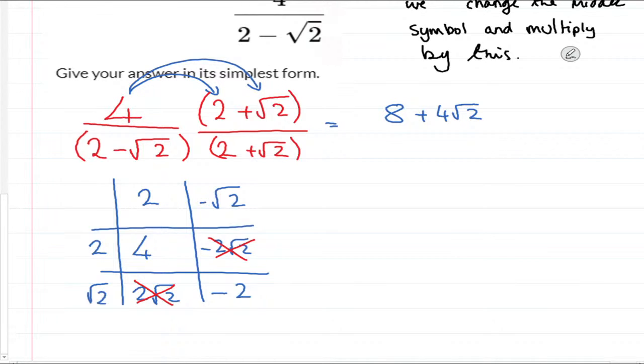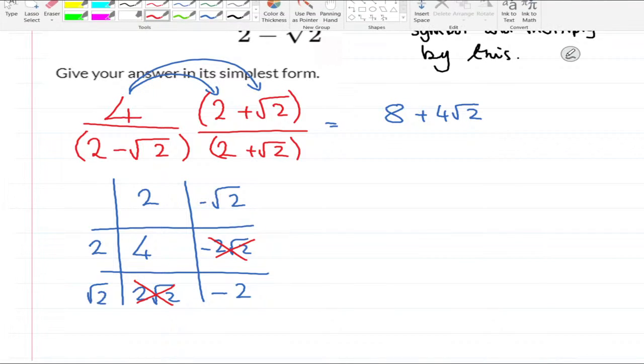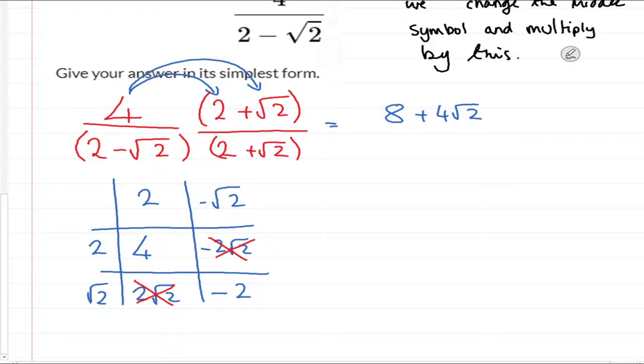So I'm just left with on the denominator what two values? 4 and minus 2. So 4 minus 2. And what is 4 minus 2? So this is 8 plus 4 root 2 all over 2.